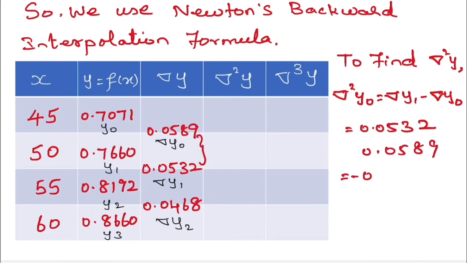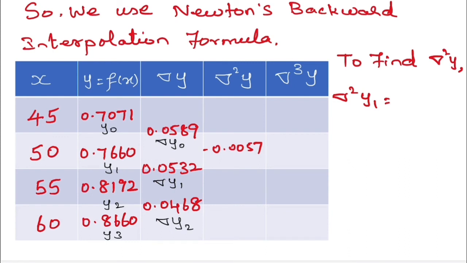The difference is minus 0.0057. Since the biggest number has a negative sign, we get the negative value.